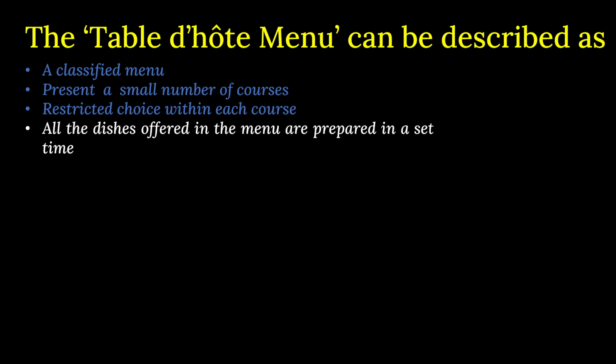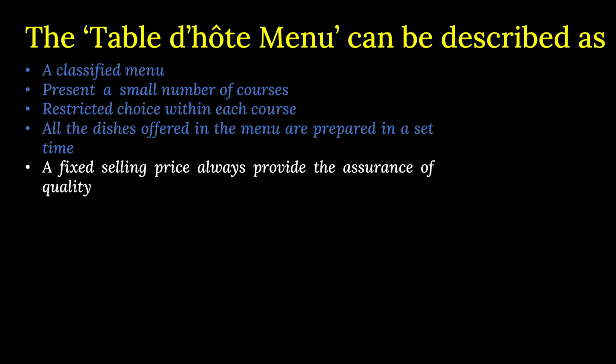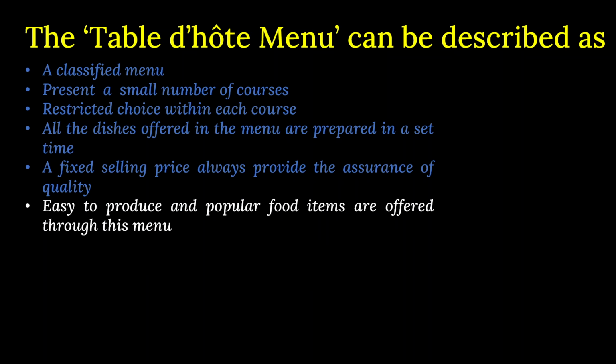A fixed selling price always provides the assurance of quality. When there is no negotiation, and you are offering a particular dish with a fixed price, a limited course menu with limited choice, then definitely you can assure that you will be giving your best quality compared to the rates you are charging. Easy to produce and popular food items are offered through this menu.